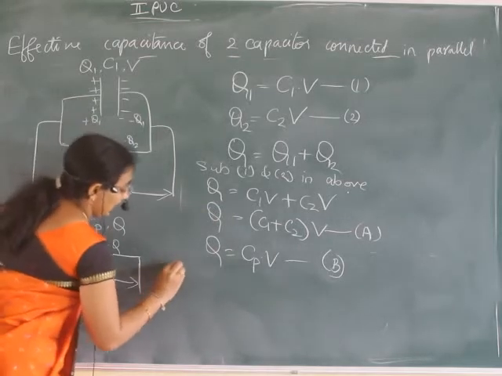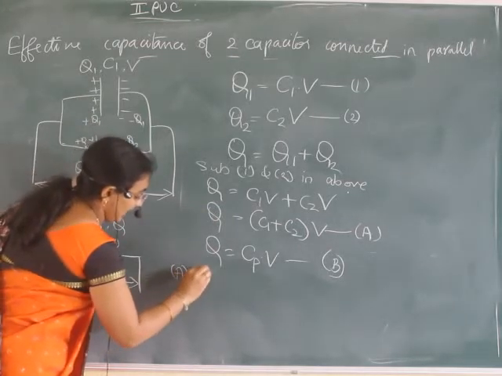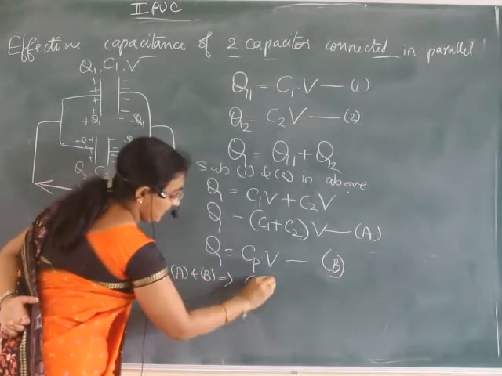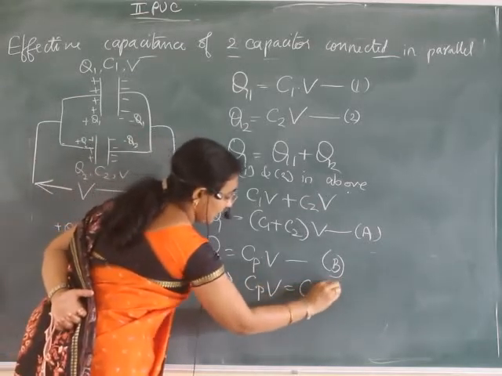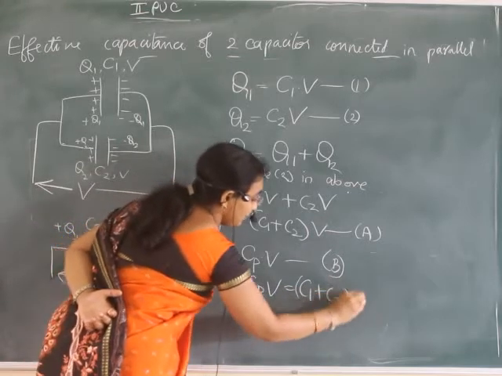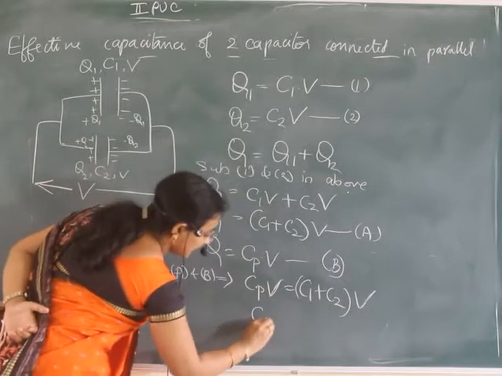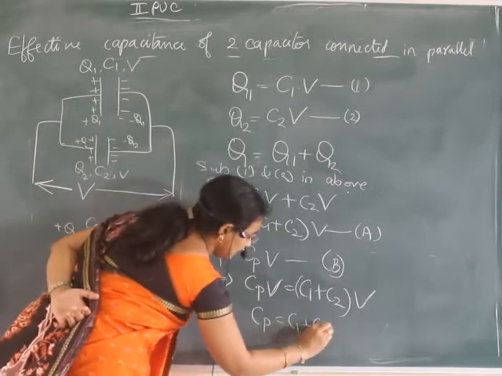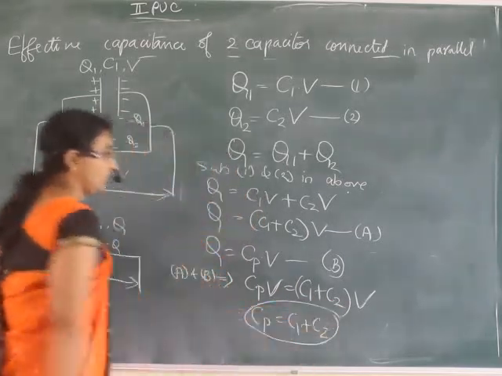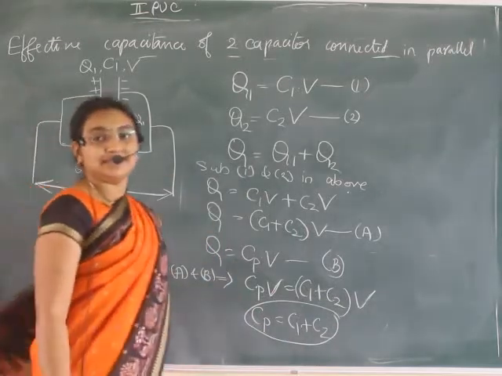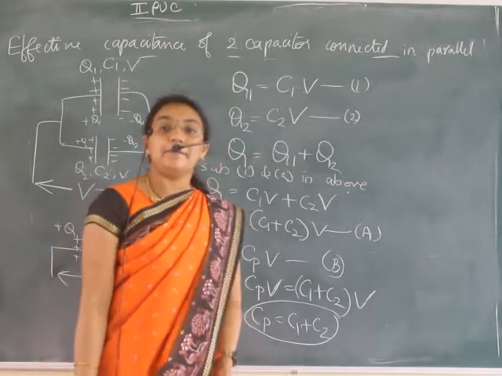So from equations A and B, we can say that CPV is equal to (C1 plus C2) into V. V gets cancelled. So CP is equal to C1 plus C2. This is for two capacitors connected in parallel.